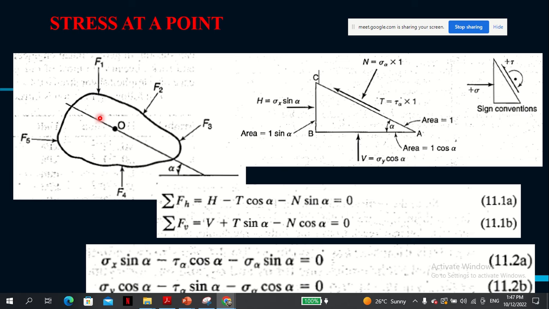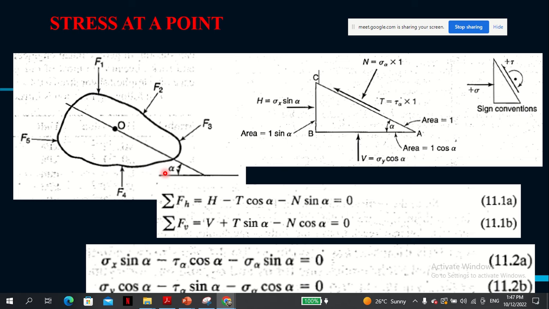We want to derive one formula that can give you, if you have loaded the element and you're interested in the plane 5 degrees from the horizontal, for example, or a plane 10 degrees, 20 degrees, up to 90, and so on.